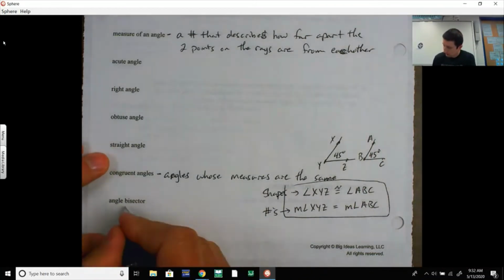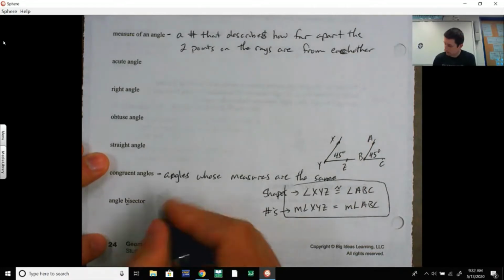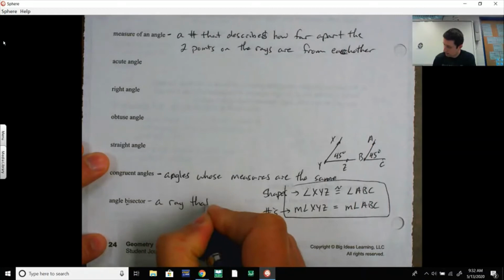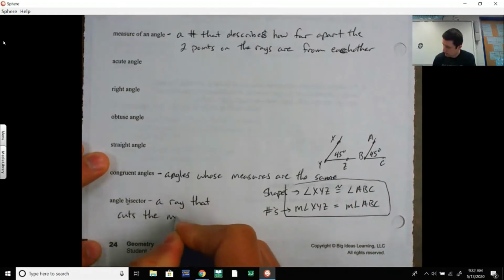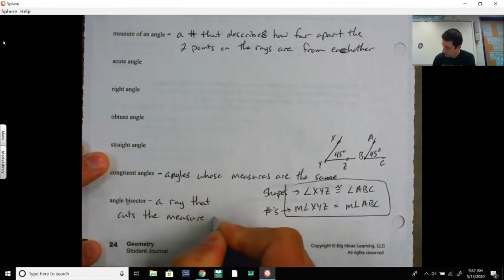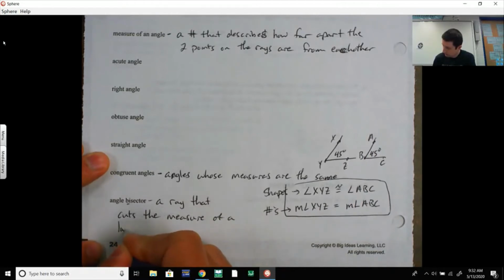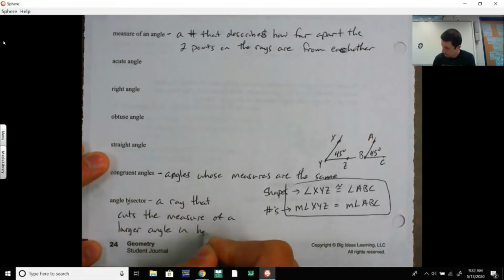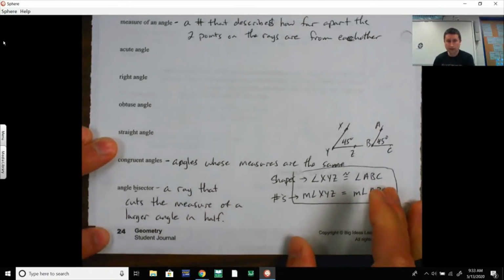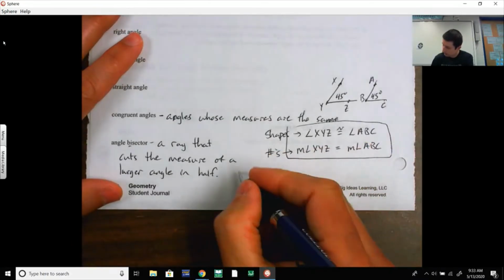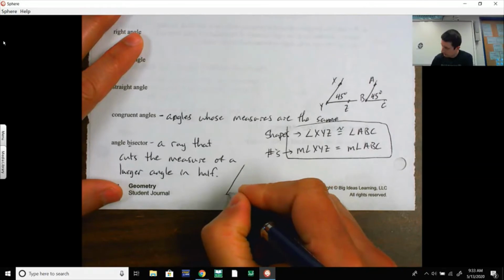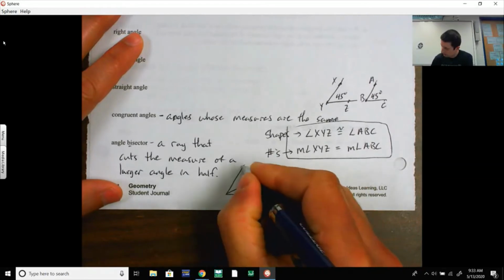An angle bisector. There's that word bisector again. Okay? This is a ray that cuts the measure of a larger angle in half. So if I get an angle here, let's say, and here's another ray.